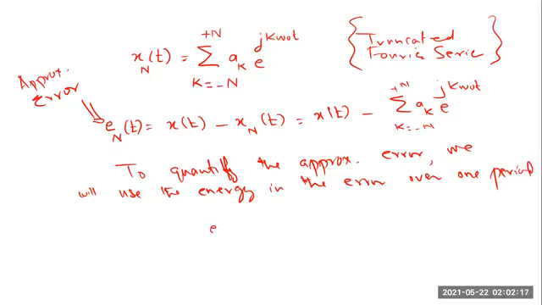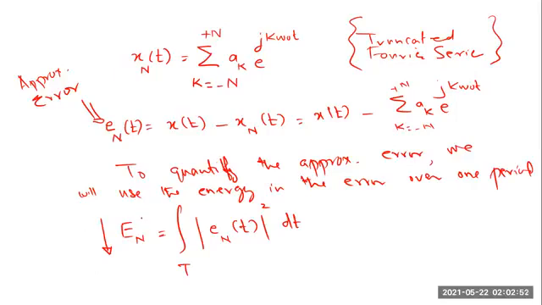What we need to do is take the error signal, which is represented by this, take its magnitude, square it, and then integrate it over one period. Whatever result we get, we will call it E N, and E N is the energy present in the error signal. Now, if you want to improve your approximation, of course, you will want E N to be as small as possible.